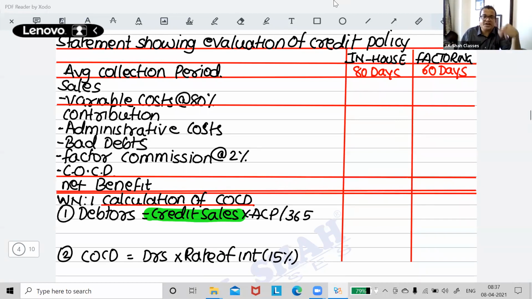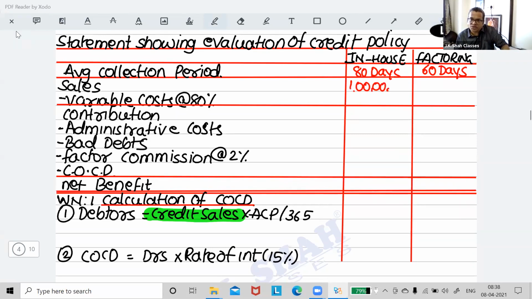Will the sales be affected because of that? No. Means in both the options, sales would be how much? 1 crore? Correct, people? So sales would be 1 crore over here and same 1 crore over here.